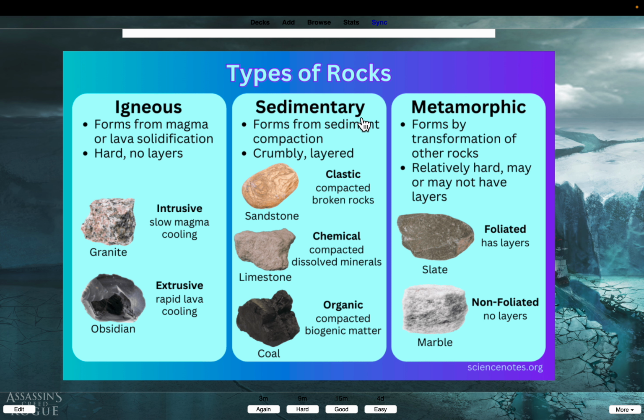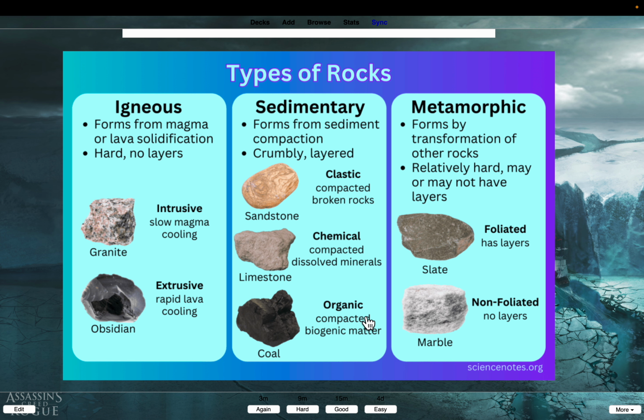So, okay, let's move on to sedimentary. Clastic, compacted broken rocks. Chemical, compacted dissolved minerals. So, like what I said earlier, for limestone, well, there is something wrong from what I said earlier. Limestone cannot be classified as organic type.